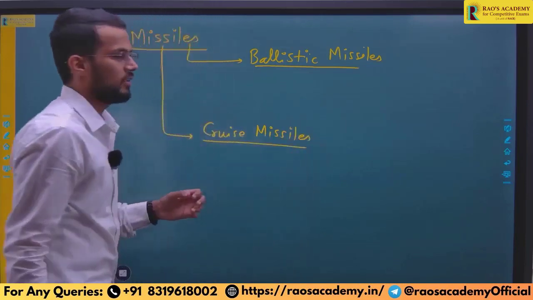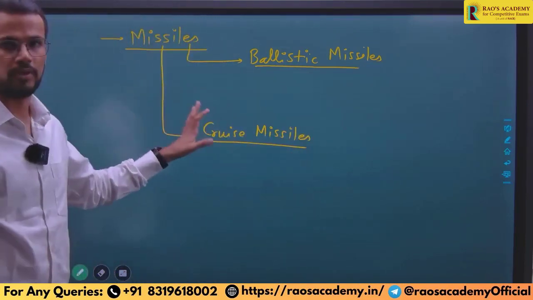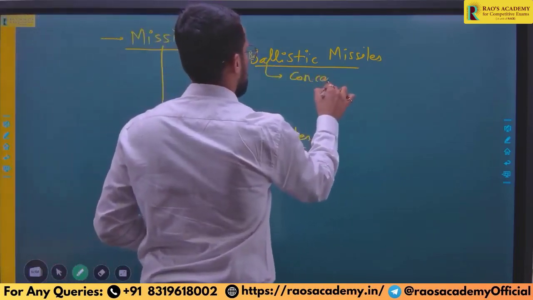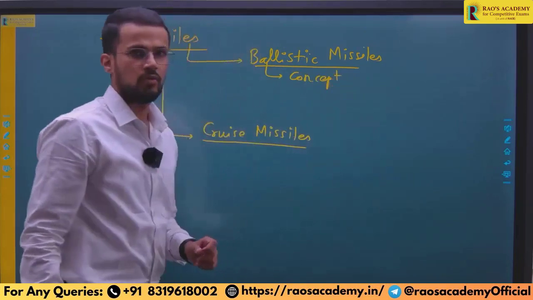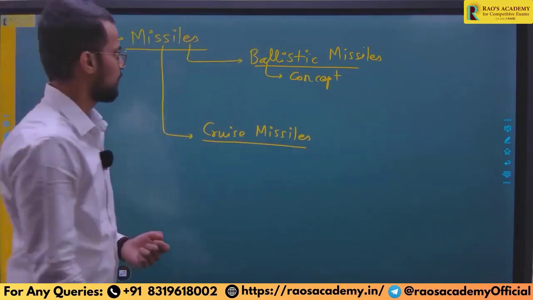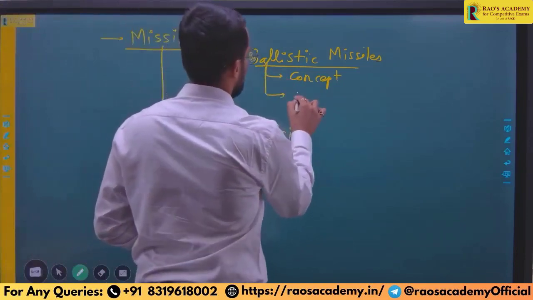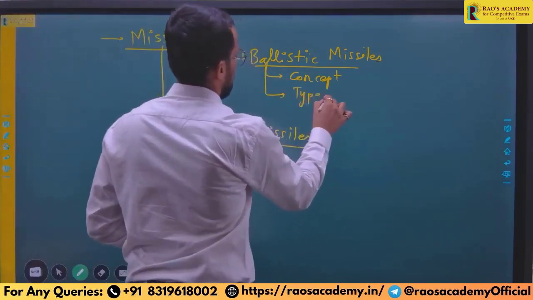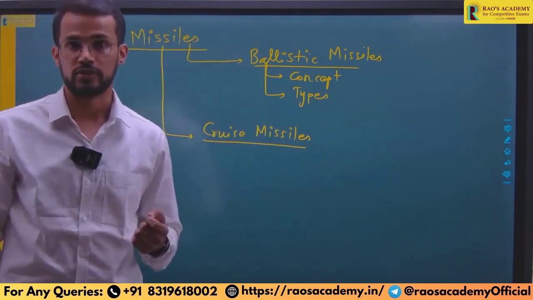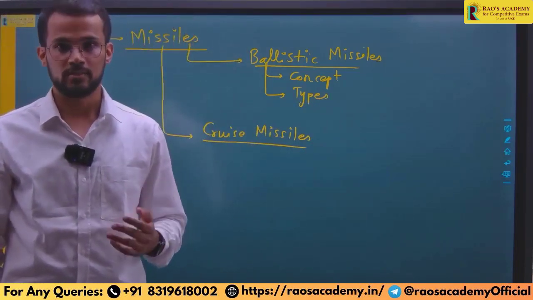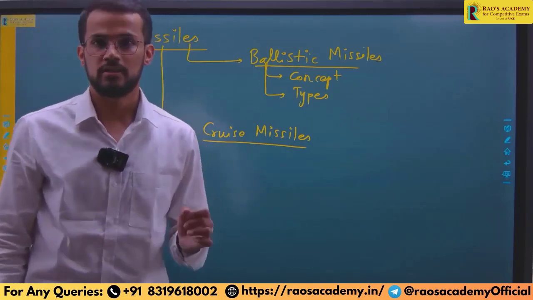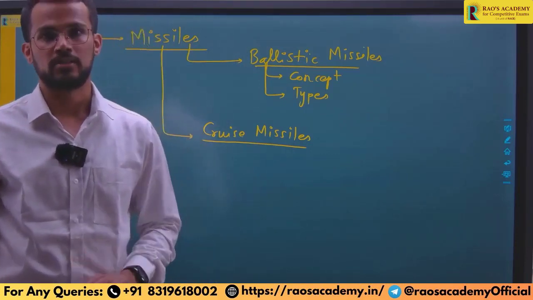Now, what are the topics under this you should be aware of? Firstly, the concept. What exactly are ballistic missiles? What kind of engine is used for powering these ballistic missiles? Then their types. There are some important types of ballistic missiles based on their ranges: short range ballistic missiles, medium range ballistic missiles, intermediate range ballistic missiles, and intercontinental ballistic missiles.